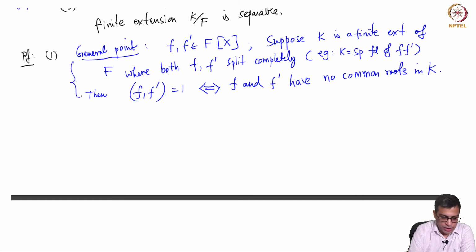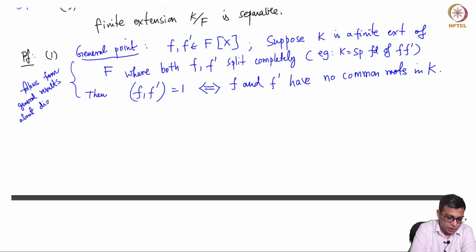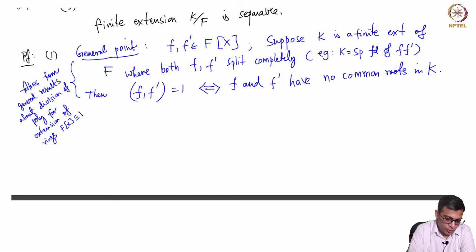So this is some general ring theory statement, from some general results about division of polynomials for extensions of rings, F[x] contained in K[x].